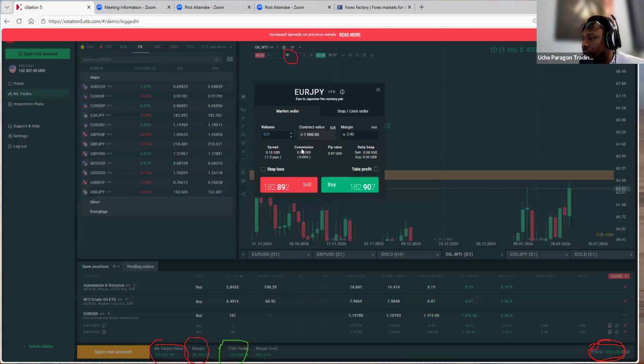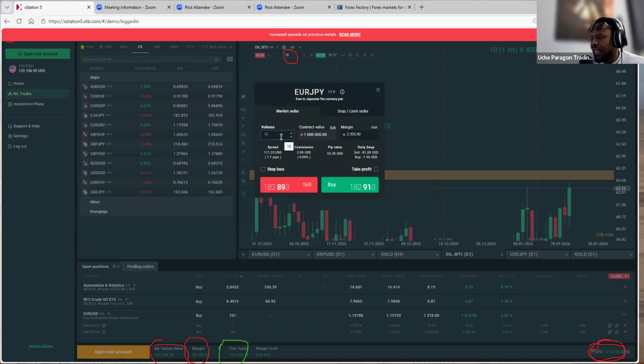This platform now shows me the margin. For example, let's say I want to place a trade with 10 lot. You see, it's showing me that what I will need to open this trade is $2,395. That's on one volume.